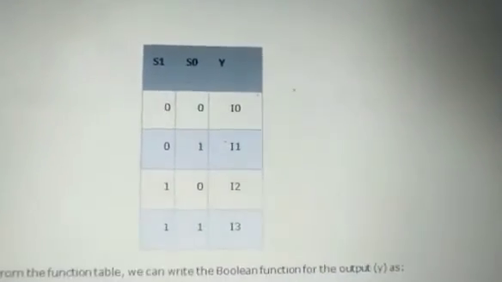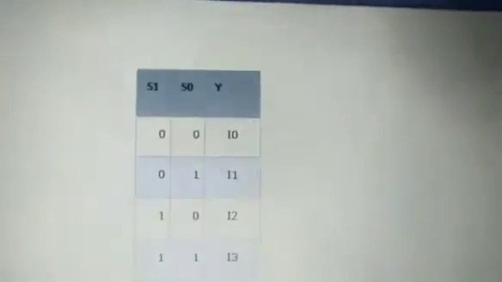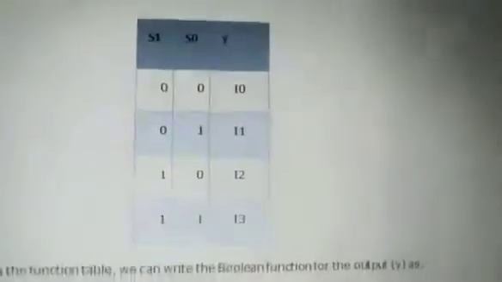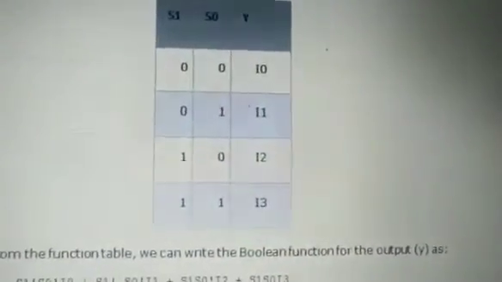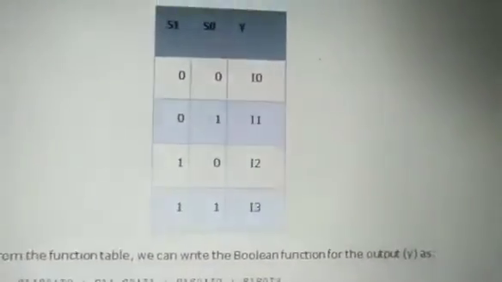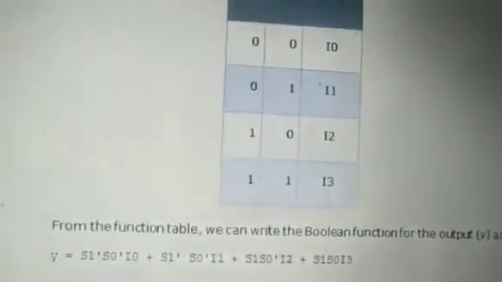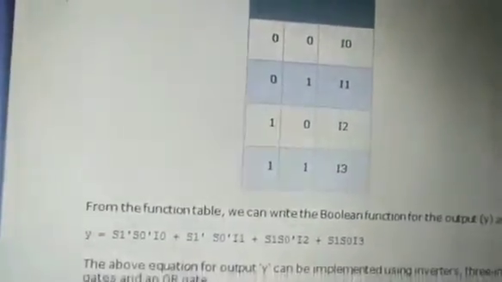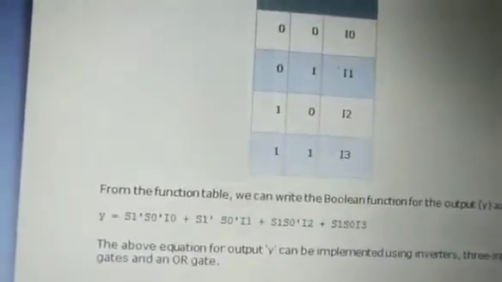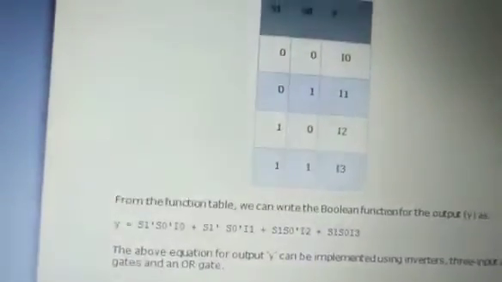Depending upon the select line, one input will be selected, and it is transmitted to the output. So from the truth table, the logical expression for the output in terms of data inputs and the select line is as follows.